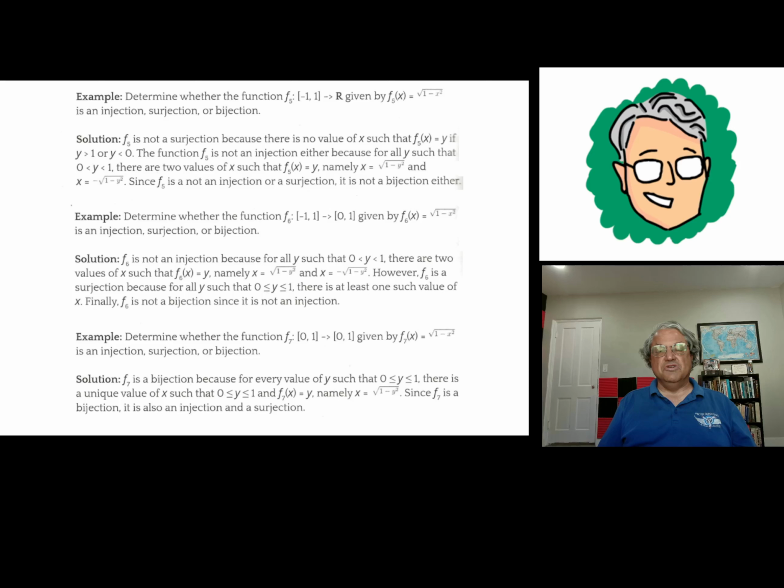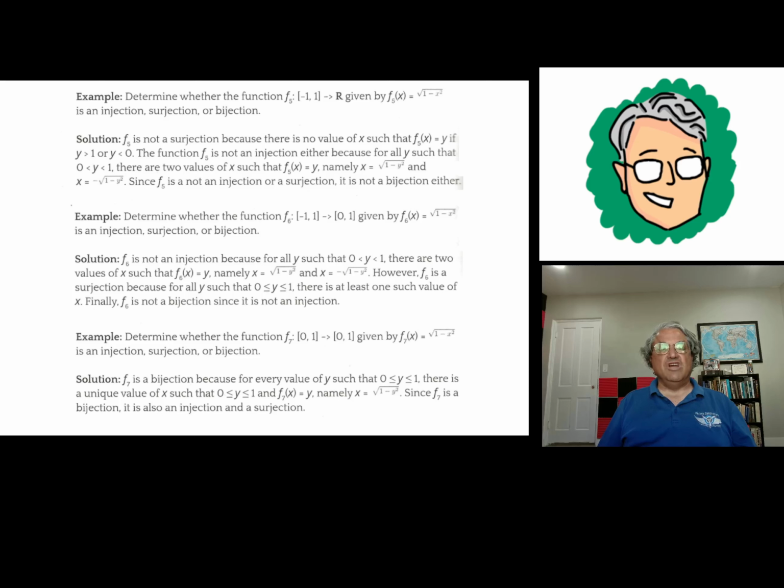And you might wonder what its inverse is. Remember, I said every bijection has a unique inverse. If you solve for y, what's interesting is this function is equal to its own inverse. If y is the square root of 1 minus x squared, and x and y are both between 0 and 1, then x is equal to the square root of 1 minus y squared.